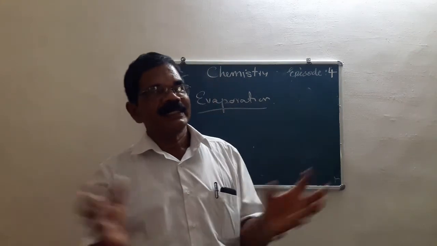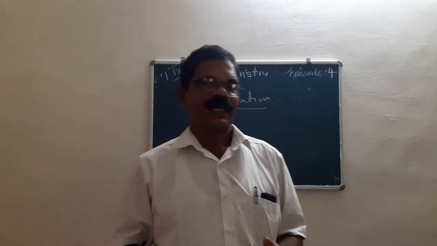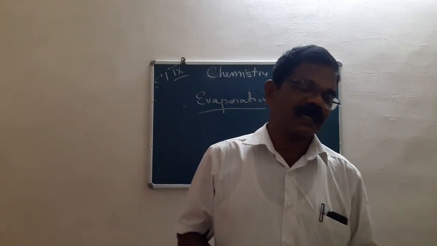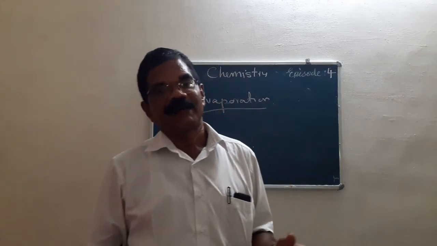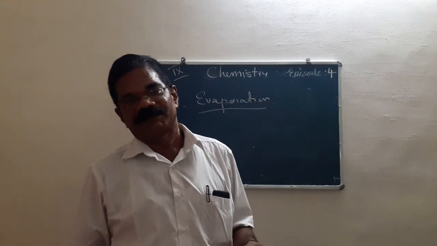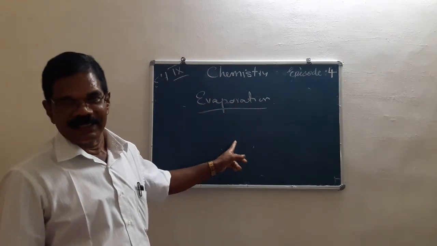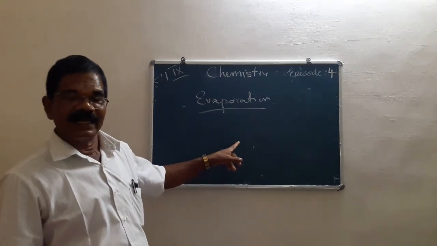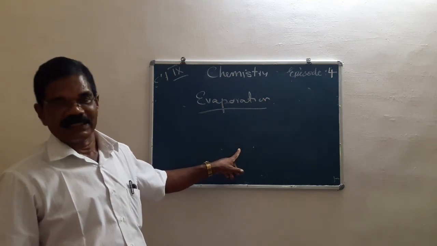So what is evaporation? Evaporation is the change of a liquid state to the gaseous state at below the boiling temperature. We already know that water boils at 100 degrees centigrade. At 100 degrees centigrade, the water boils and changes from the liquid to the gaseous state.